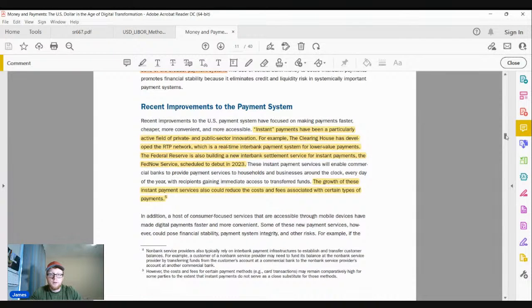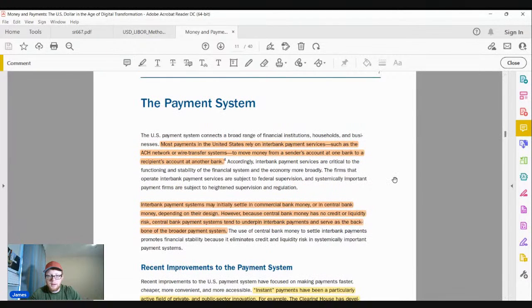And so one of the things that they're talking about for implementing a central bank digital currency would be instant payments, to where you're not really having much of a settlement process. And before I forget, I should note with the interbank payment system, the central bank money they're typically talking about is bank reserves, or at least that's what most people think about, for how these transactions are settled across different depository institutions or commercial banks.